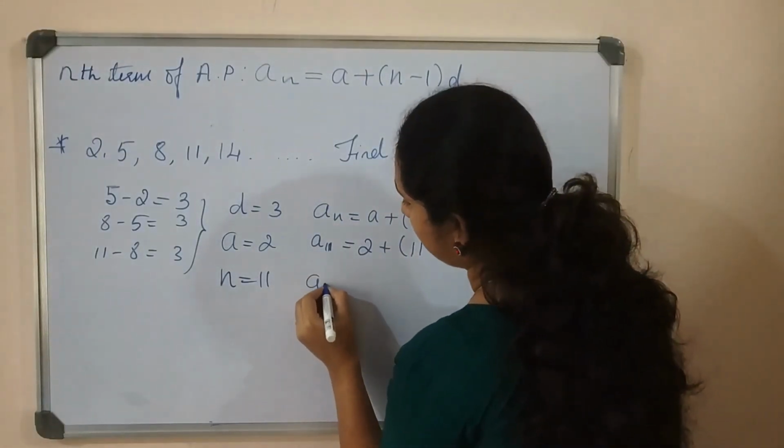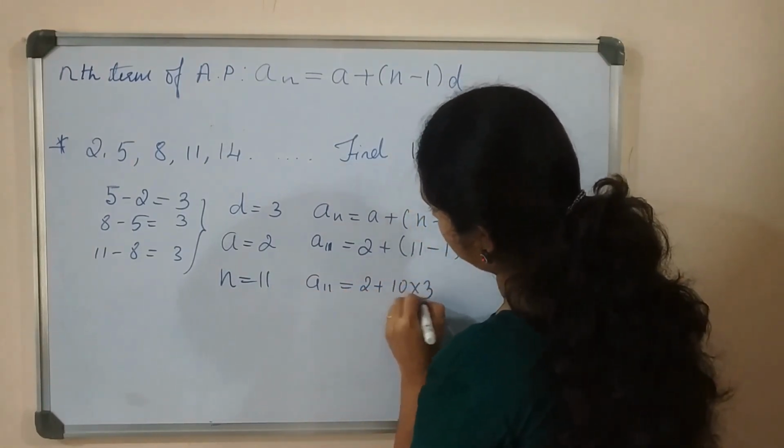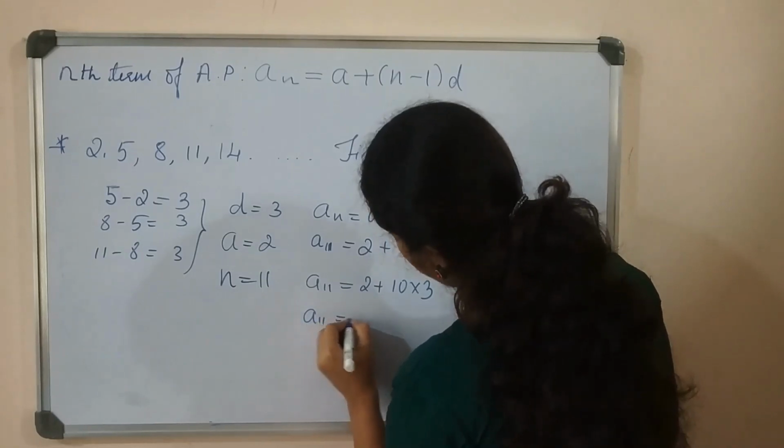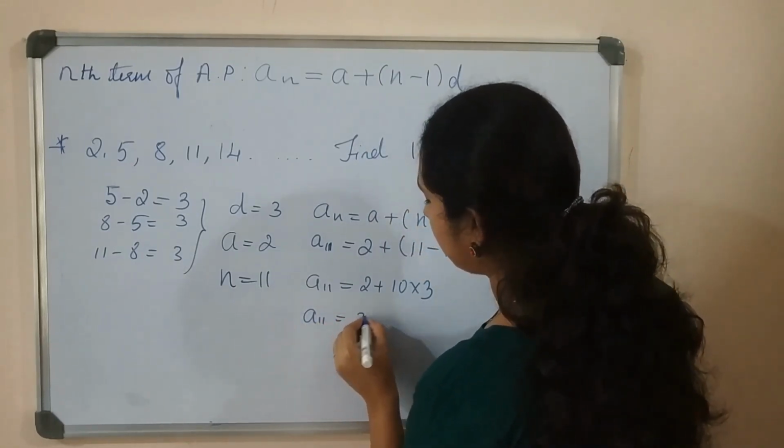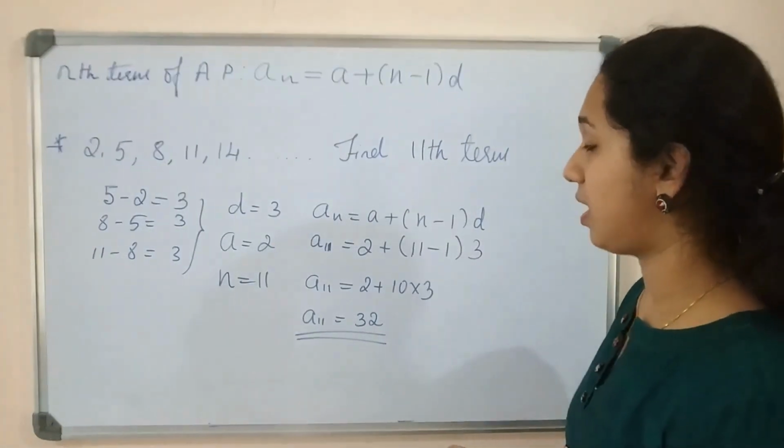So A11 will be 2 plus 10 into 3. A11 will be 32. Okay, so this is the answer you will get.